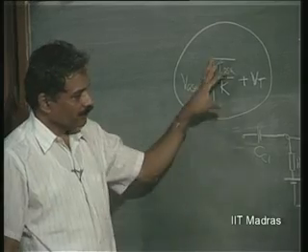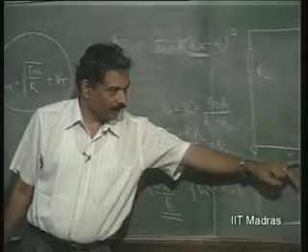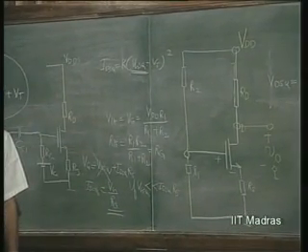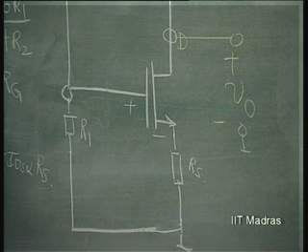So, you can use this information in finding out the value of Rs suitable for a certain value of operating current. When I take an example, you will understand it better.